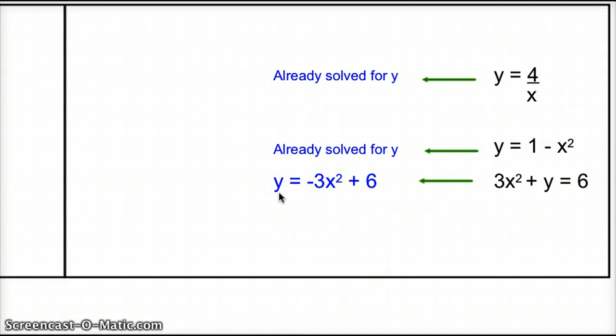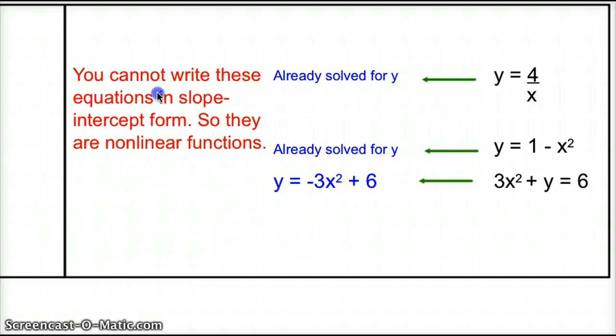So I subtracted 3x squared from both sides and got y equals negative 3x squared plus 6. Again, we have that exponent next to the x, so we have negative 3x squared, and that is not slope-intercept form. So since you cannot write these equations in slope-intercept form, they are nonlinear functions.